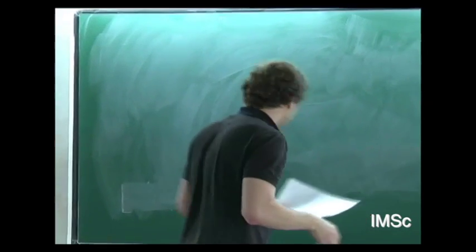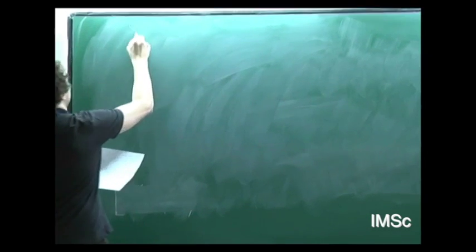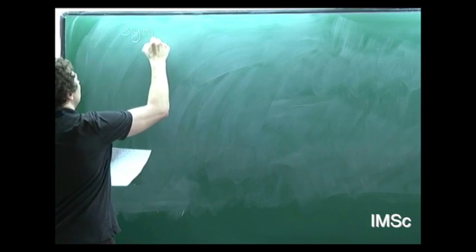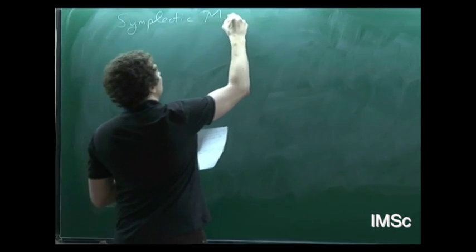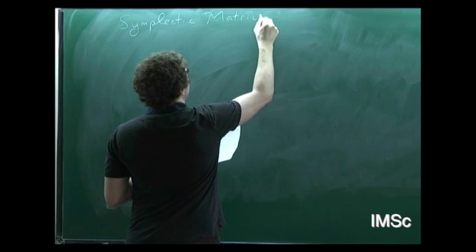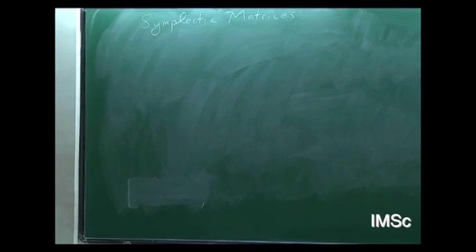I want to talk now about symplectic matrices. A symplectic matrix will tell us a way, given an allowed covariance matrix, to generate new allowed covariance matrices.